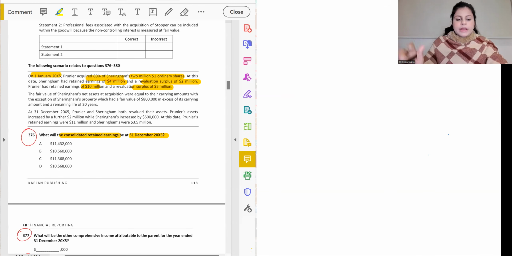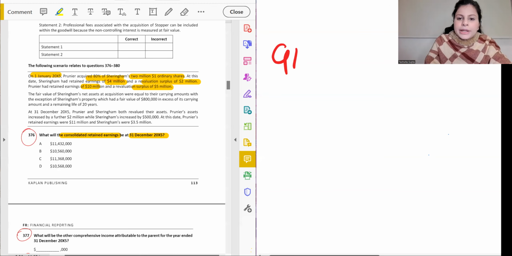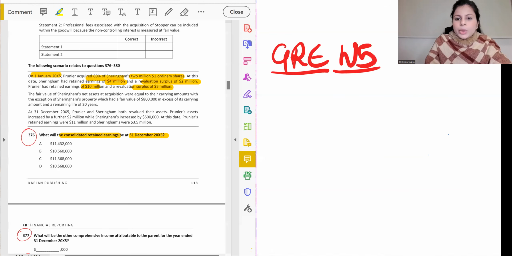Okay, so what will I do? I will say, first of all, the subsidiary's post-acquisition movement. So how do we calculate our group retained earnings? Our working note number 5 says we need to take the parent's retained earnings, right?